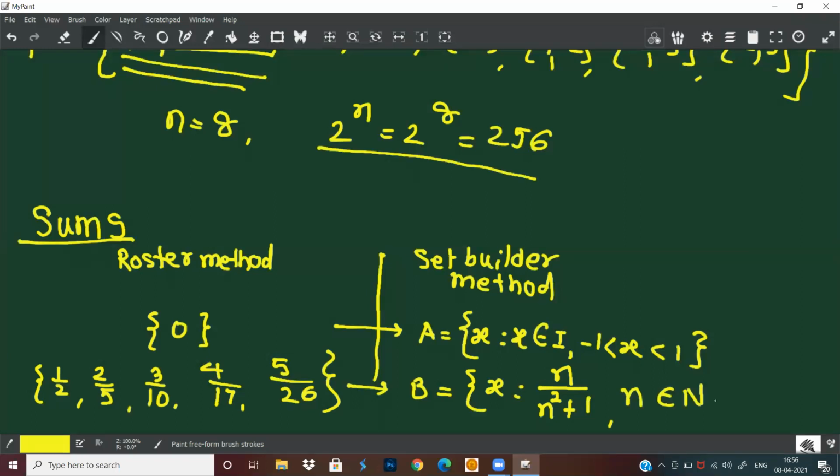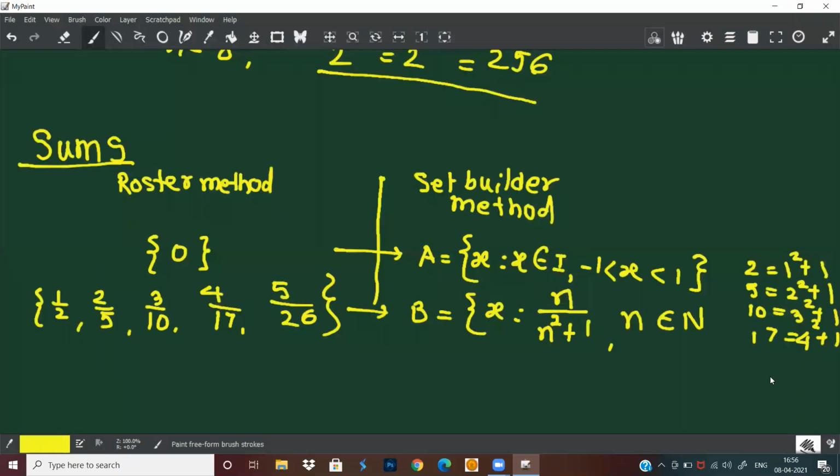It is some formula. 2 is 1 square plus 1, 5 is 2 square plus 1, 10 is 3 square plus 1, 17 is 4 square plus 1, 26 is 5 square plus 1. Are you getting what I'm writing?